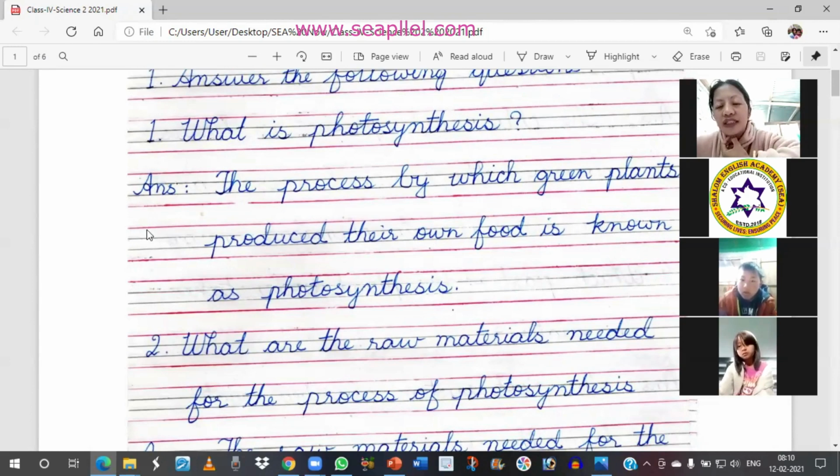What is photosynthesis? Visitor, you read, let me listen. The process by which green plants produce their own food is known as photosynthesis.